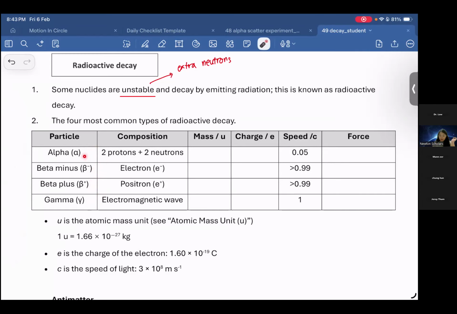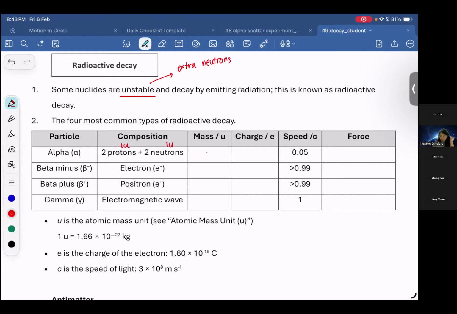Alpha is 2 protons, 2 neutrons. Alpha is the helium nucleus. Just now we said that 1 proton is 1 U and 1 neutron is 1 U. So with 2 protons and 2 neutrons, how much mass in terms of U?